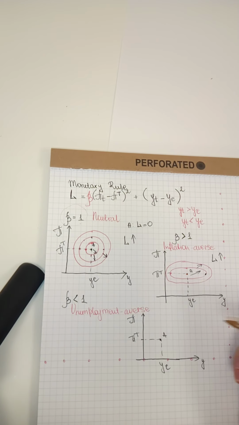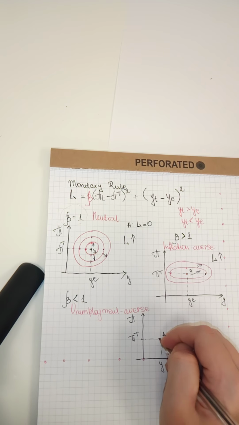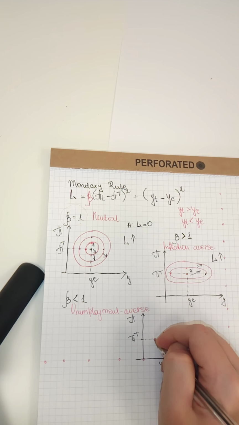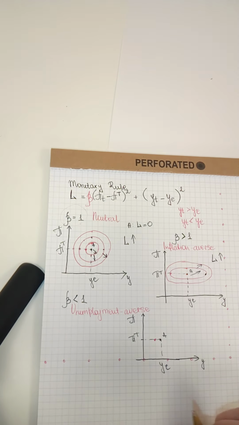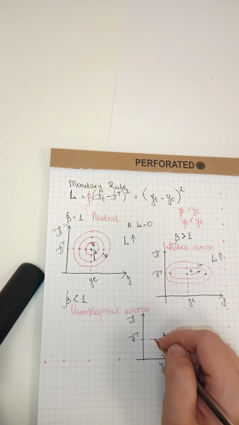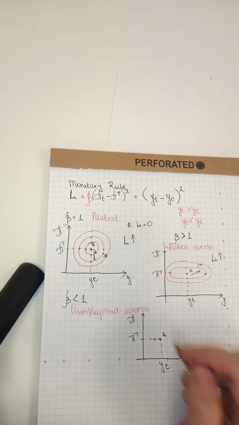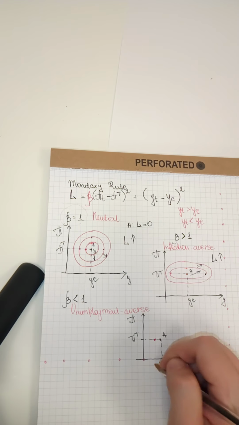And if we have to deviate from this point, then again, if we move from this point to this point, we have the same level of inflation, but relatively small deviation in terms of output.